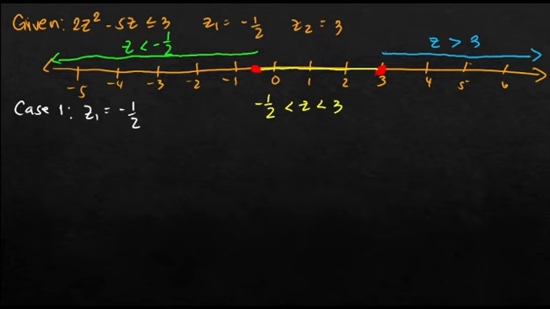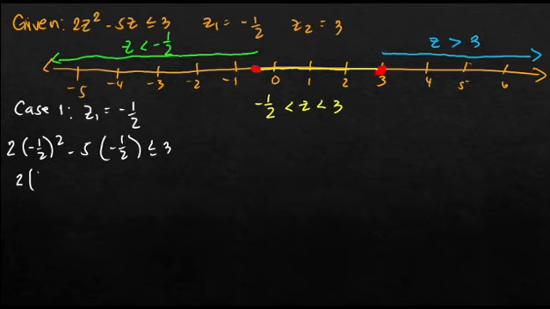Okay, so, by applying it, we have 2 quantity negative 1/2 squared minus 5 times negative 1/2 less than or equal to 3. Then we have 2 times negative 1/2 squared is positive. This must be already positive.